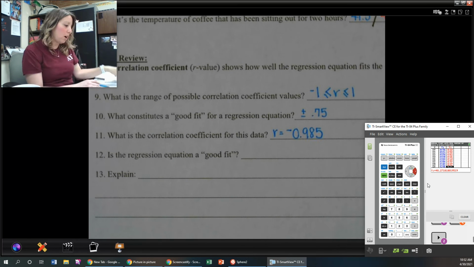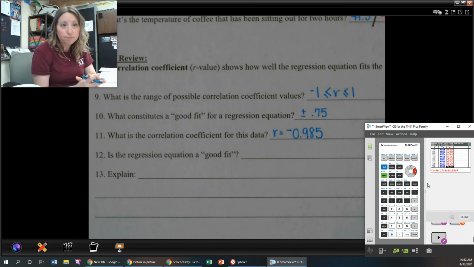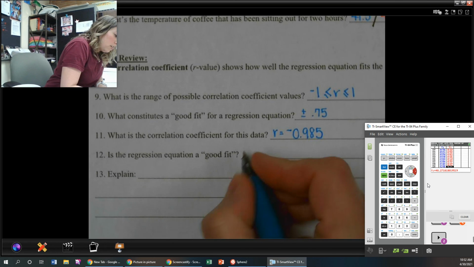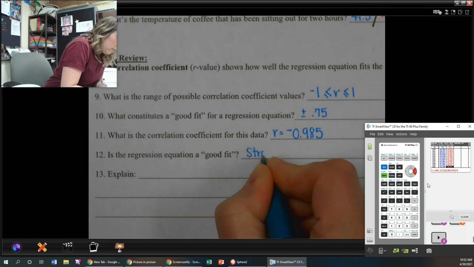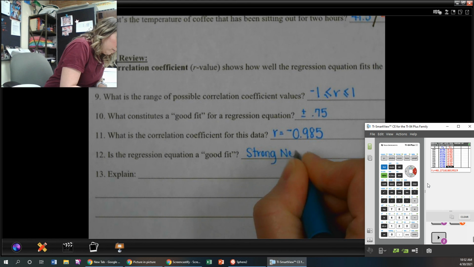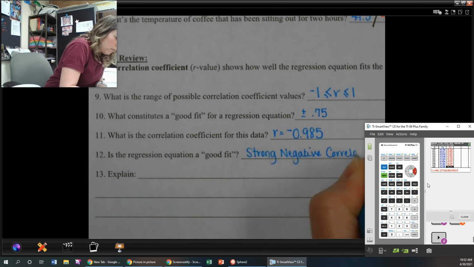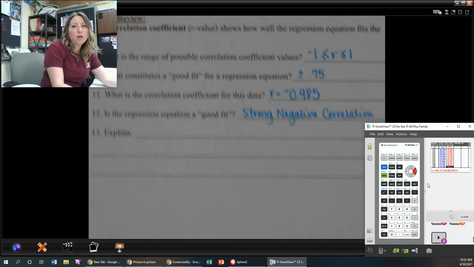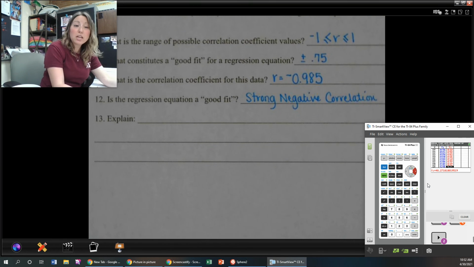Is this regression equation a good fit? Based on this R value, this is a strong negative correlation between the time increasing and the temperature of the coffee decreasing. Okay? And how will I explain that?